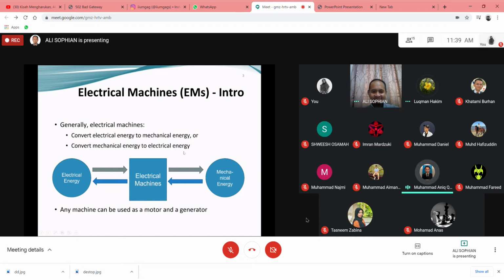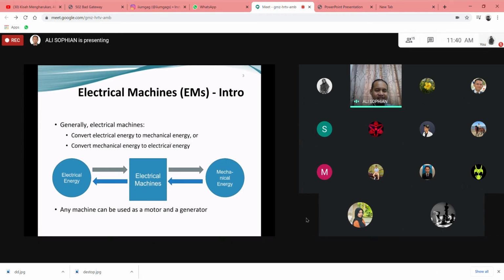Suitable amount of voltage, current. Okay, it's good. Thank you. Yes, so you can adjust the input. For example, the voltage, you can step it up or step it down, depending on the requirement of the system that you want to power.